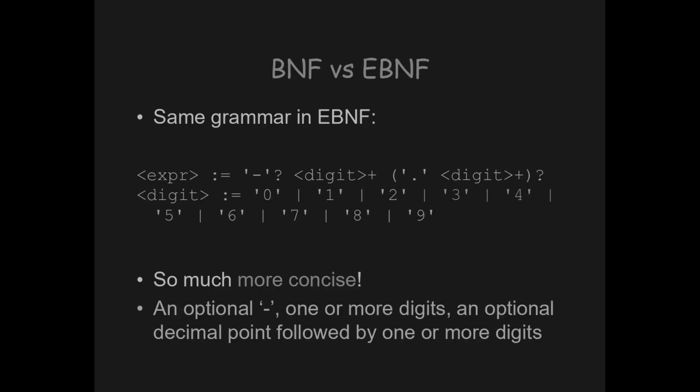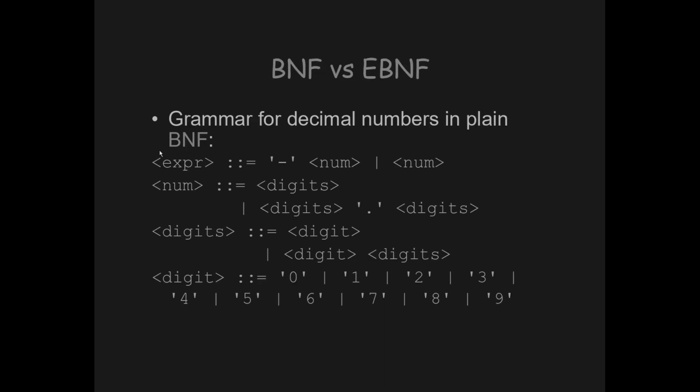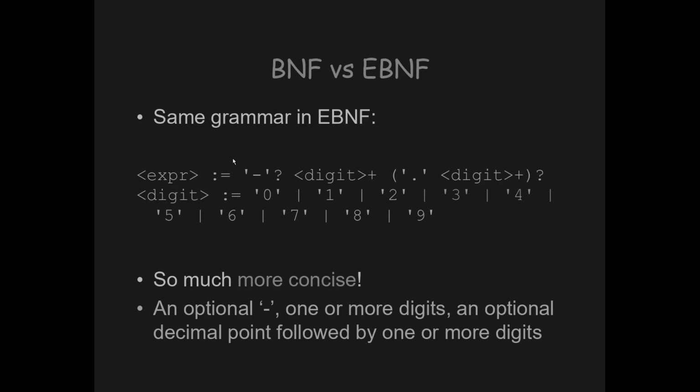Okay, let's not count the digits. That's 6 productions here. For this one, do you see any pipes here at all? No. And that's what makes this so concise. It's only a single rule, just slightly more difficult to read.